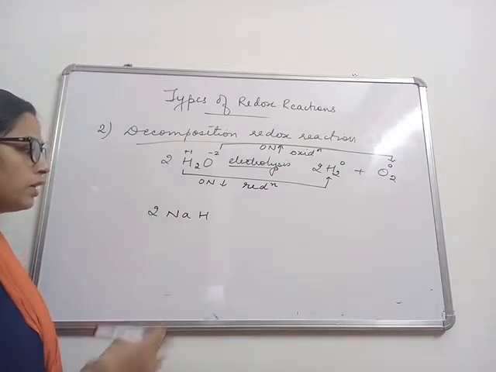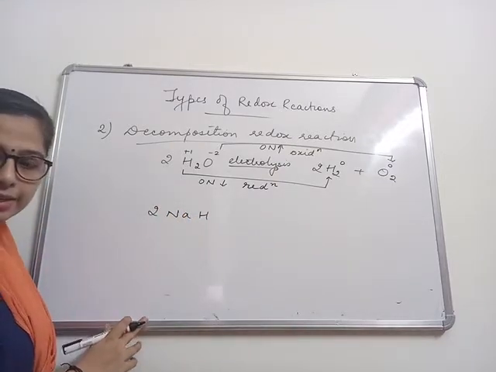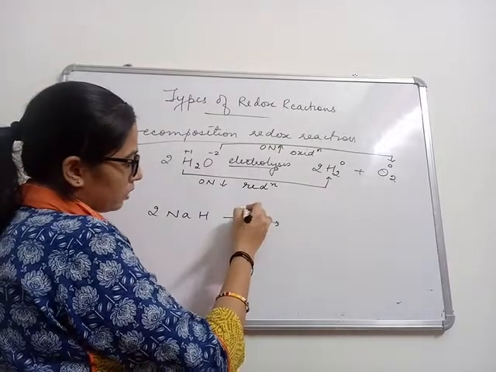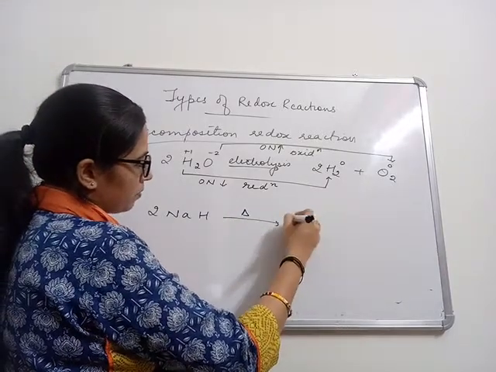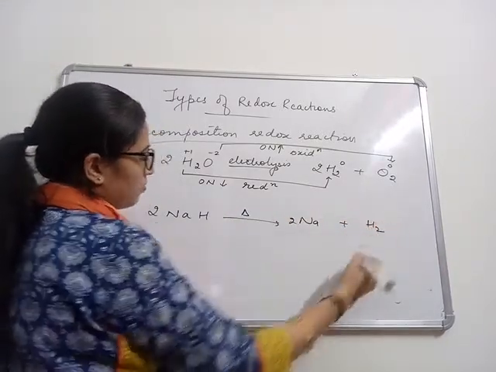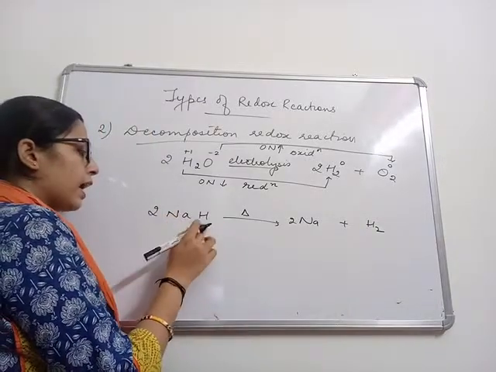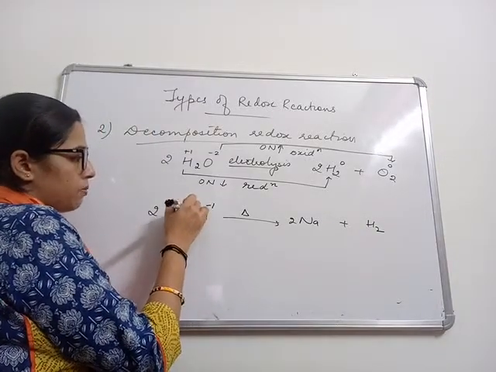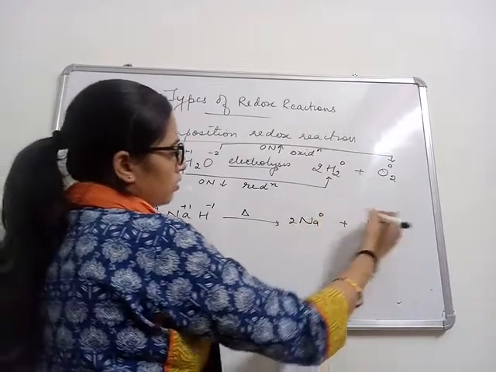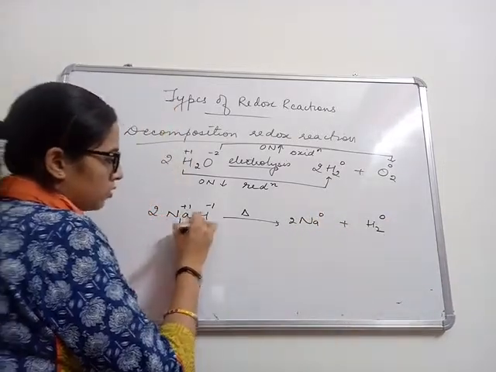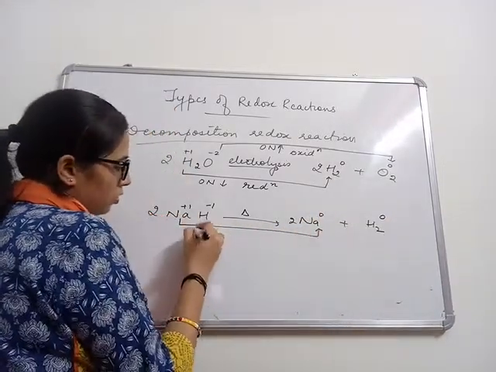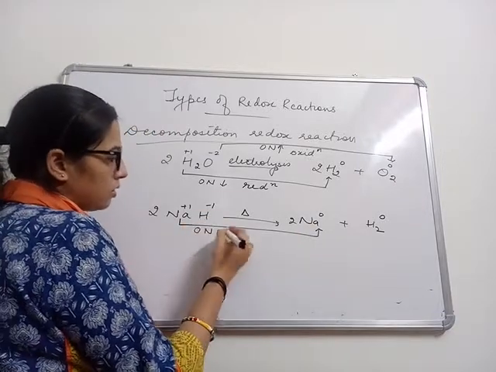Another example could be the decomposition of sodium hydride. Sodium hydride, when you do thermal heating, you get sodium metal and hydrogen gas. In sodium hydride, H is -1, sodium +1. Sodium alone is 0, H2 gas 0. So Na is changing from +1 to 0. The oxidation number 1 से 0 पे जा रहा है.